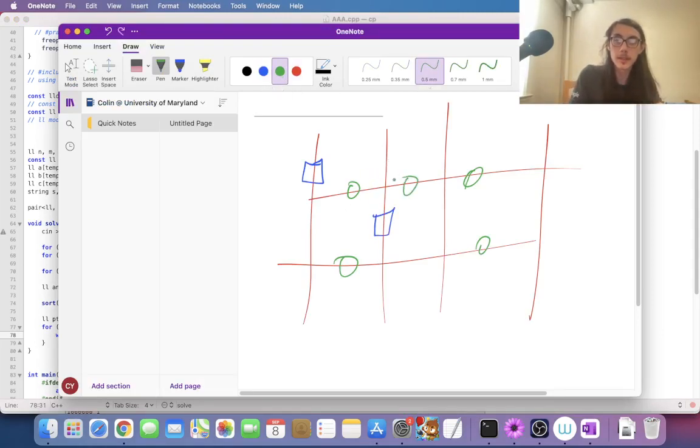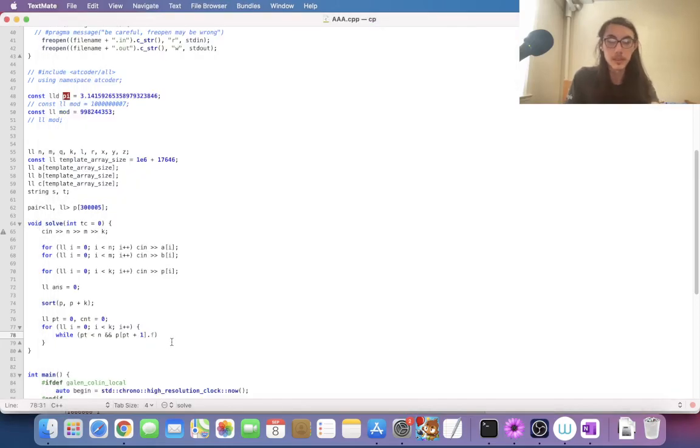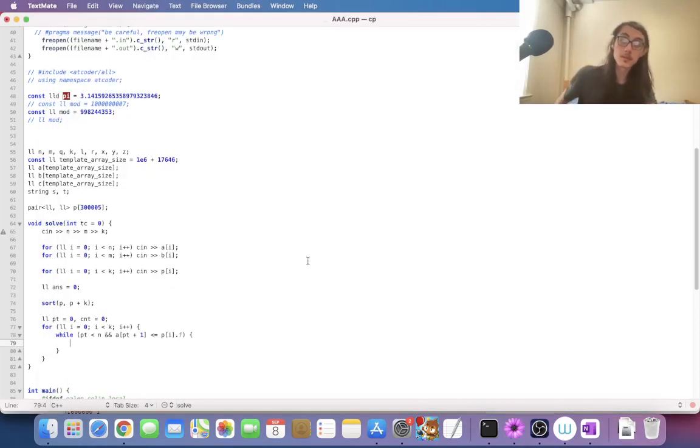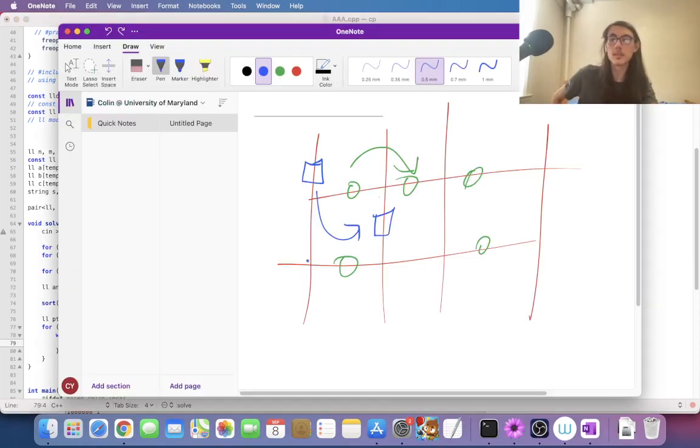So if we move from here to here, then we want to move from this one to this one. So this should be smaller than this, or less than or equal to make it work. So the coordinate here, a point plus 1 should be less than or equal to pi dot first. Right? Yeah.